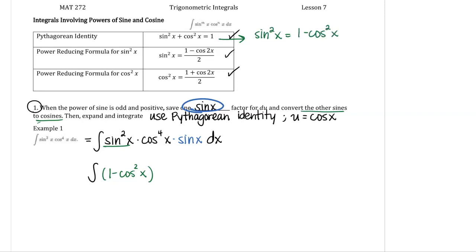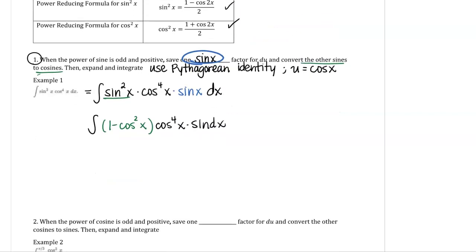And then I'm just going to bring down that cosine to the 4th x and the sine x dx at the end. I'm going to distribute what's in the green to that cosine to the 4th. So we have the integral of cosine to the 4th x minus cosine to the 6th x, close parentheses, and I'll bring down this sine x dx.